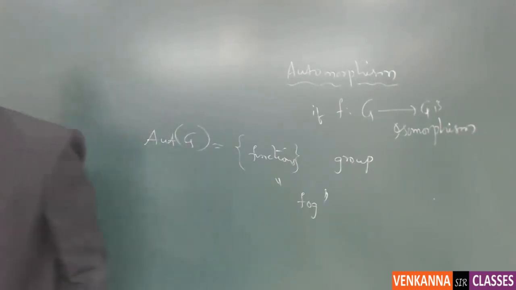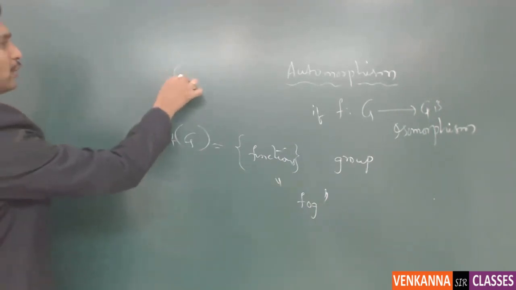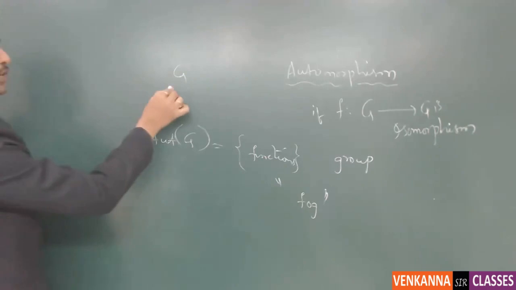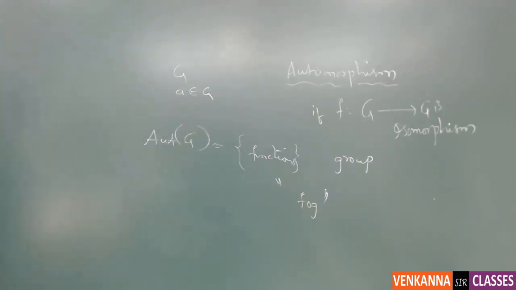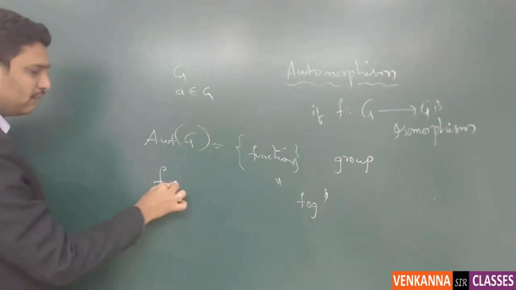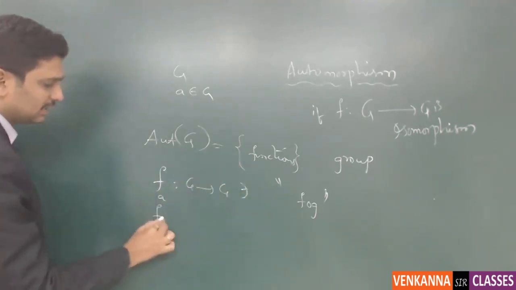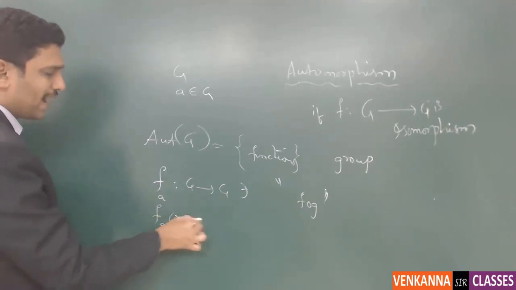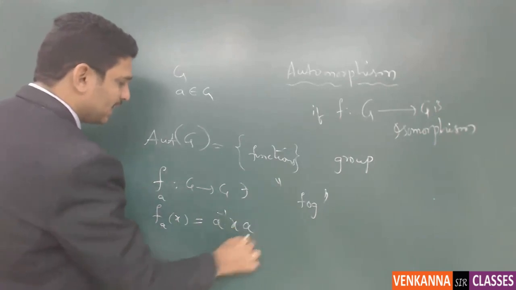Okay, thank you. So, now whenever you have a group G, suppose you fix an element a in G, then you can always define the function f_a from G to G such that f_a of x is equal to a inverse x a.